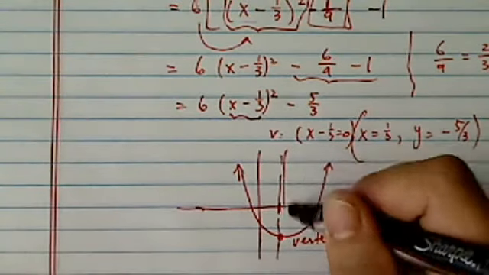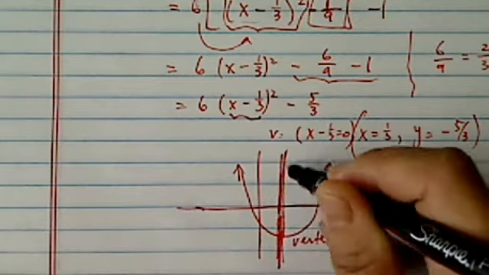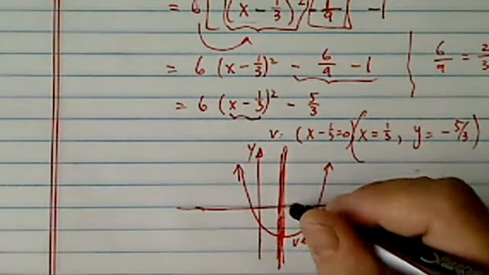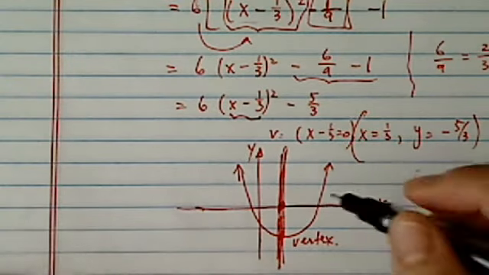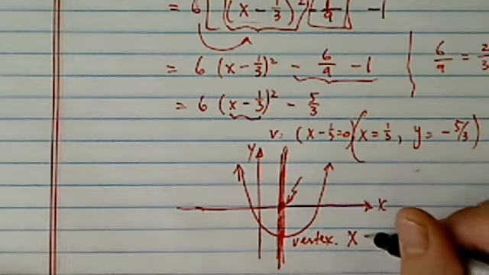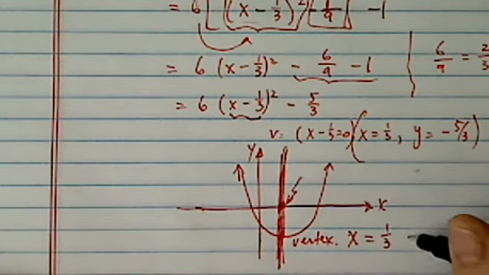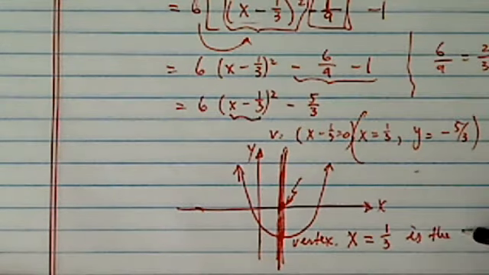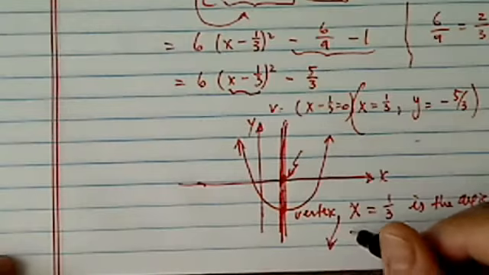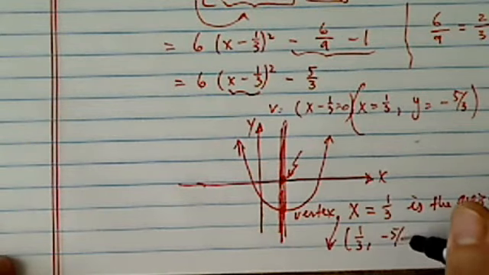This line that's going up and down, on the test you have to remember this is up and down, so the only thing you have for this line is x. x equal to 1/3 is the axis of symmetry. And the vertex itself has a coordinate of 1/3, minus 5 over 3.